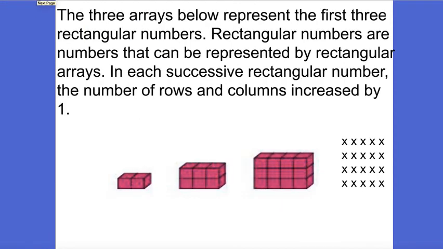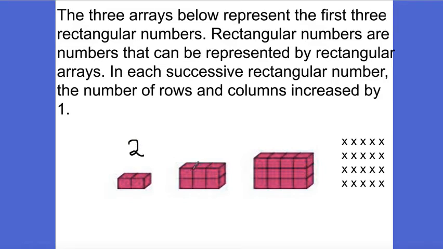All right, so these 3 arrays below, these are the same ones from the other page, represent the first 3 rectangular numbers. Rectangular numbers are numbers that can be represented by rectangular arrays. In each successive rectangular number, the number of rows and columns increased by 1. Here we see that the first array represents the rectangular number 2. There's 2 cubes.